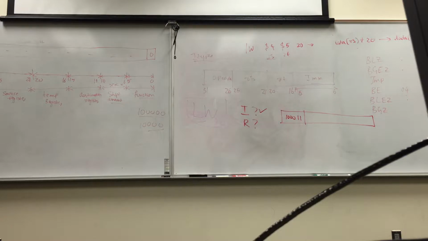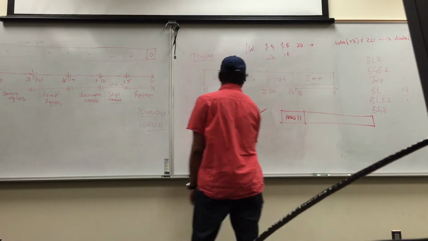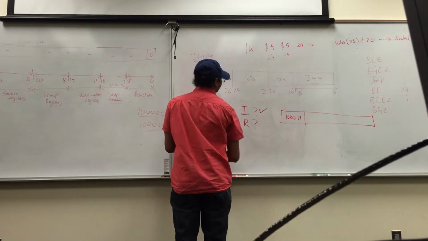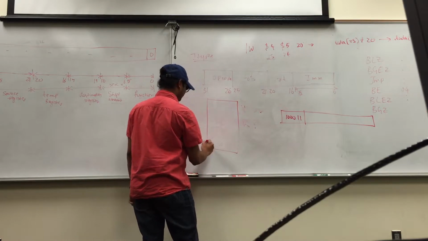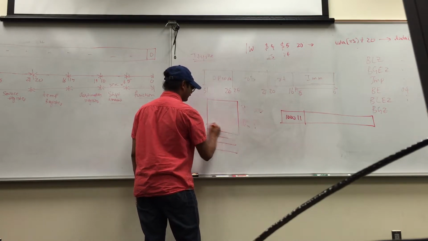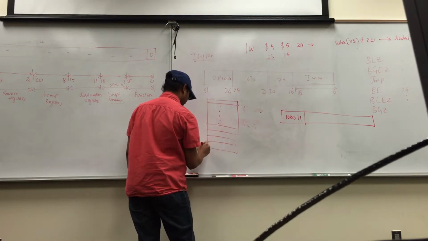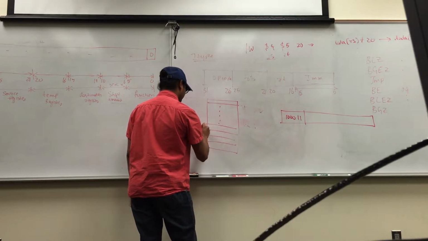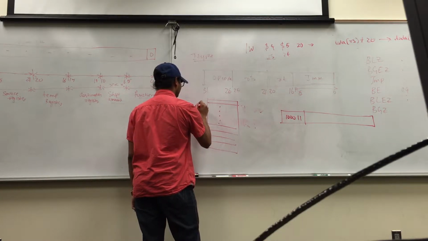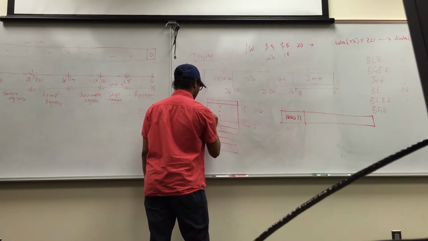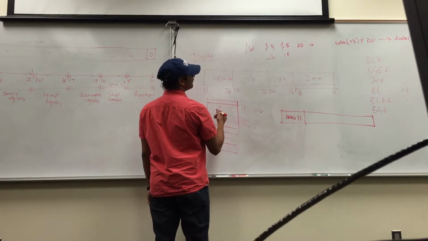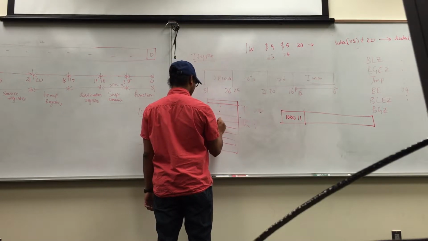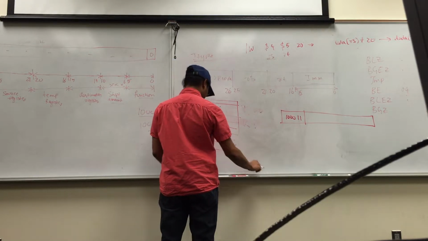Okay? Got it? Say for example, this is a register file. Your register file has all the values: 0, 1, 2, 3, 4, 5, 6. Register 4 has some value, 30.